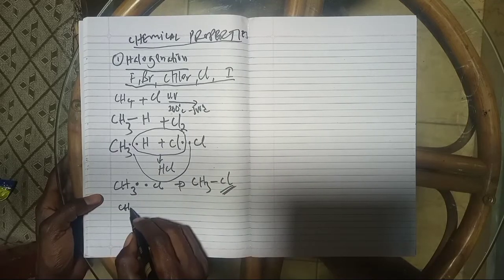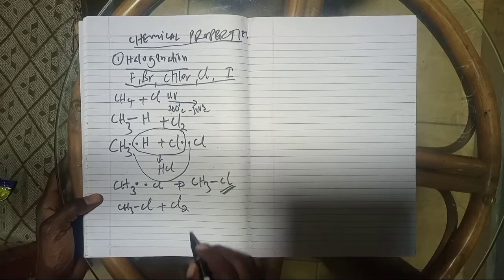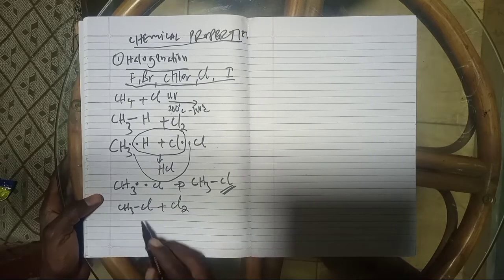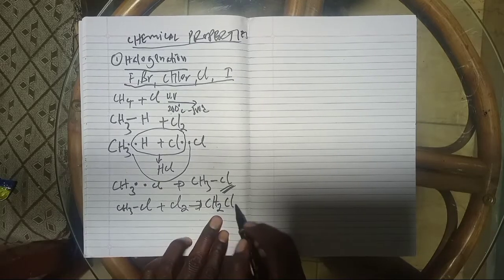Therefore this CH3Cl plus chlorine again will remove one of the hydrogen here and then becomes CH2Cl2.